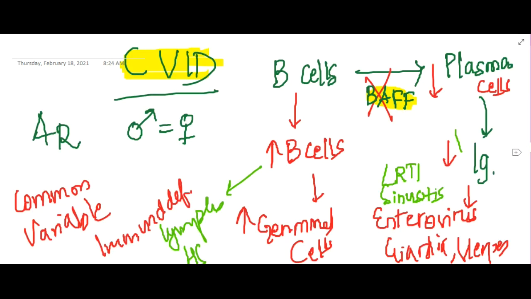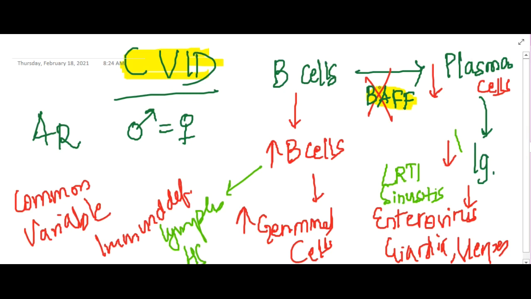Now we have common variable immunodeficiency. Common variable immunodeficiency is an autosomal recessive disorder which is seen equally in males and females. Here there is a defect in conversion of B cells to plasma cells.